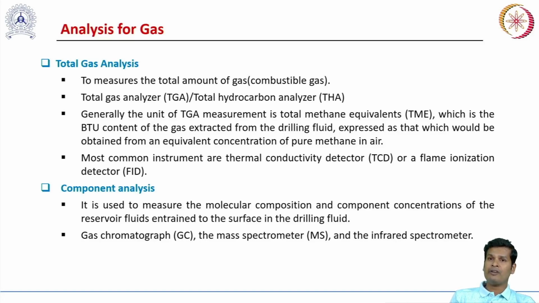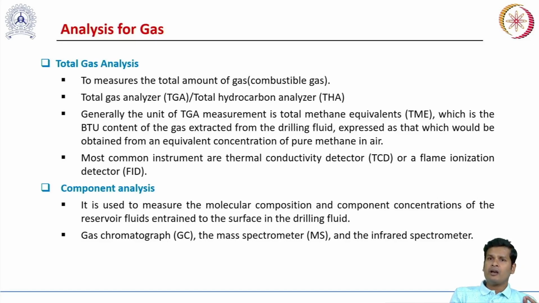So basically, we are comparing whatever energy we are getting, and how much concentration of methane will be needed in air to get the same amount of energy. This way these two concentrations are compared.